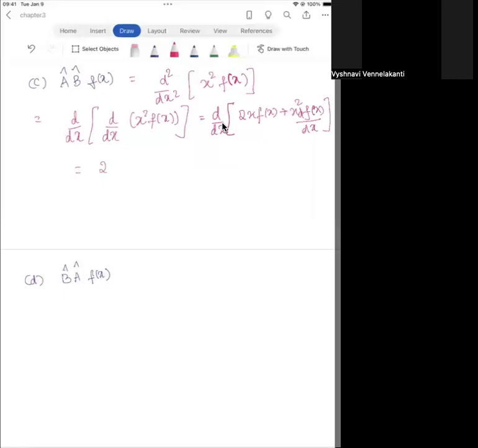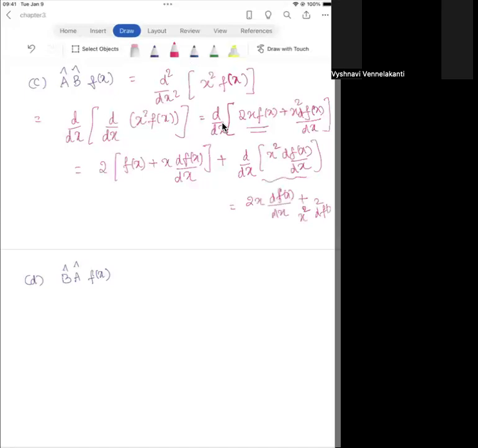So the first derivative of x f of x is going to be 2 times f of x plus x df of x over dx plus, and this part is going to be 2x df of x over dx plus x squared second derivative of f of x, right?